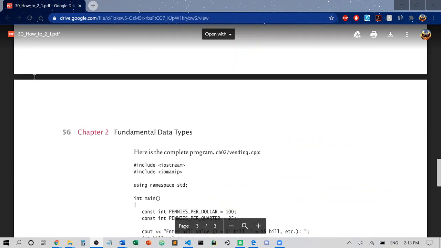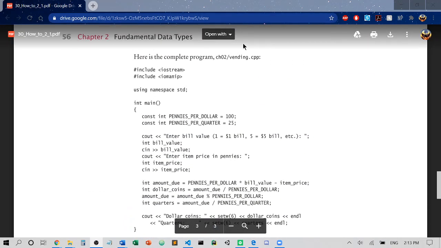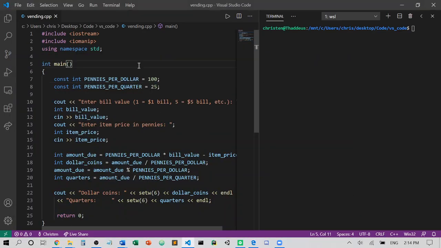You can follow along with the code that is written in your textbook, and we're going to test the output of our program now. I've gone ahead and typed up what was in your book in the example, and you can see here on lines 7 and 8, we are using constant integers for dollars and pennies and quarters.